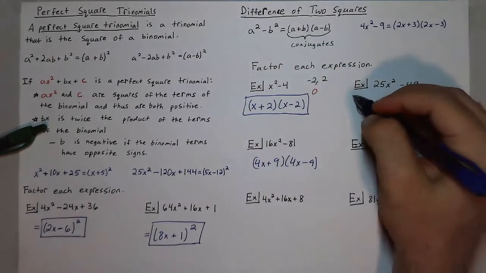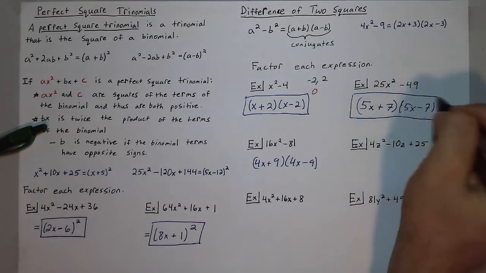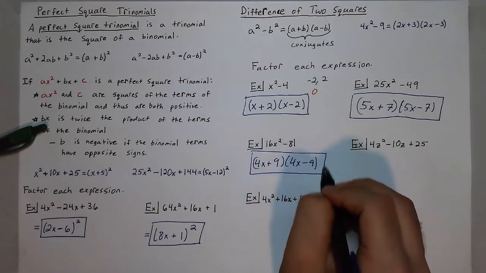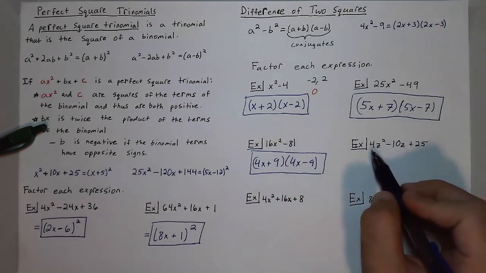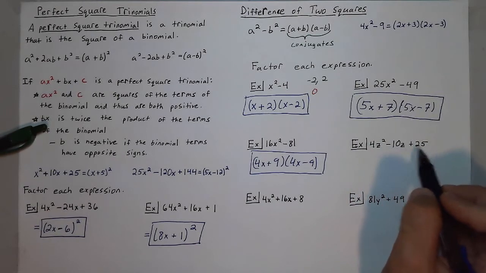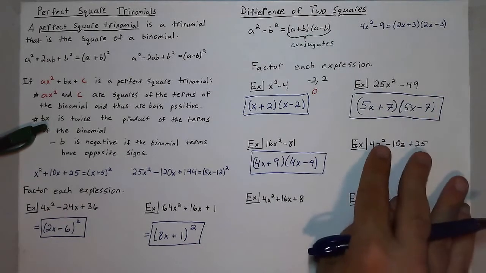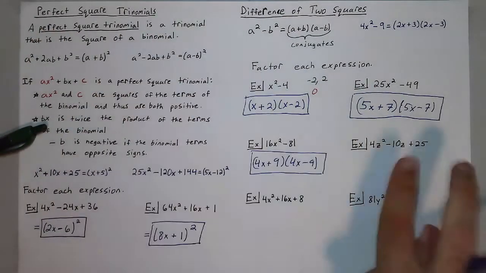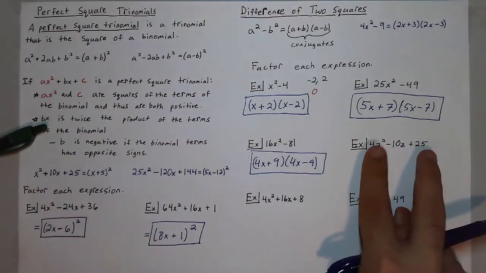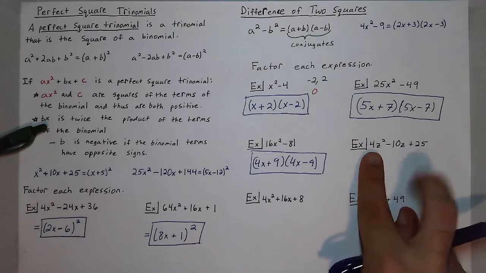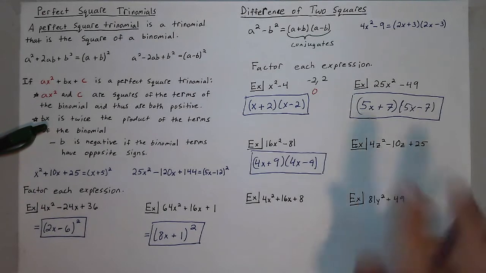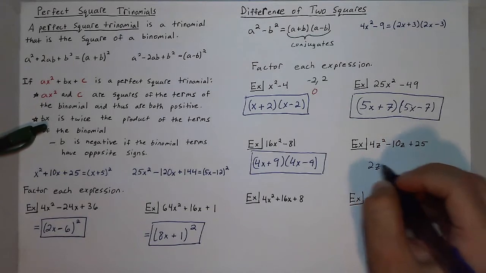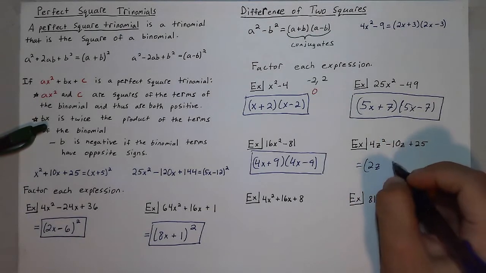Now, let me show you another example of a situation that may arise when you're using these factoring techniques. So here I have 4z squared minus 10z plus 25. I'm already seeing this isn't difference of squares, but it could possibly be a perfect square trinomial because the outer two terms are positive squares: 4z squared and 25, which I would see as 2z and 5.